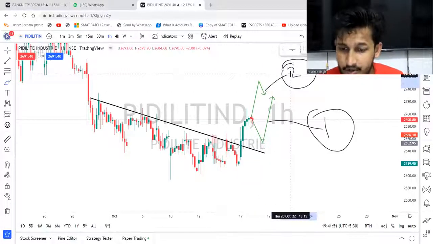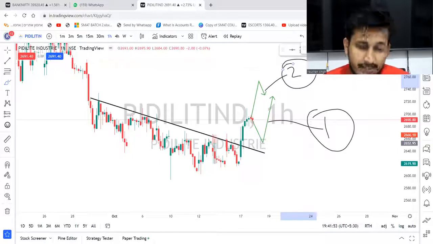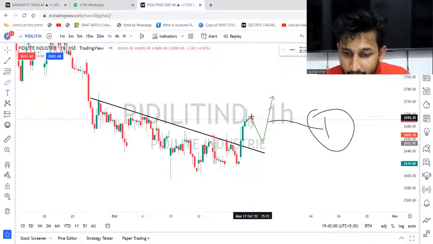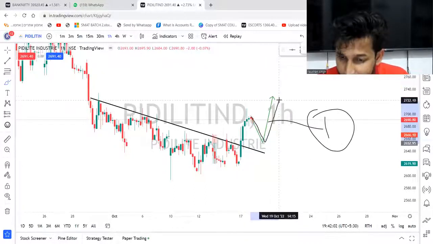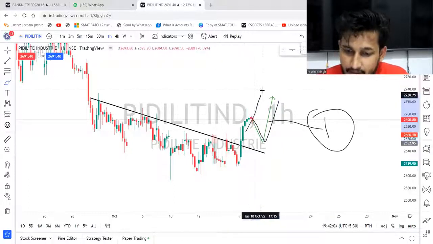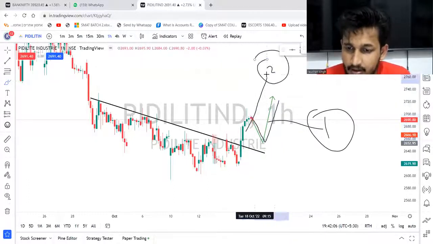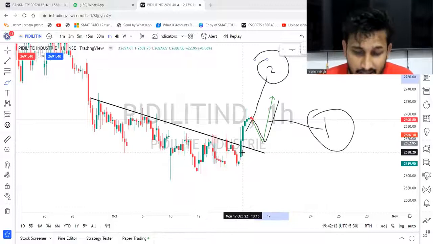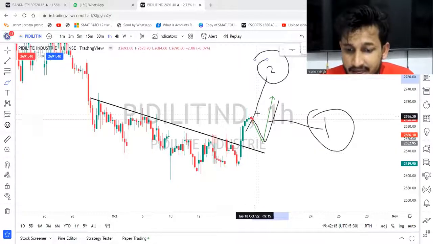When do you think the trend is confirmed? Once it is making a downside move, or if it continuously goes up, then when do you think that this downtrend is over and the uptrend has started? First or second?